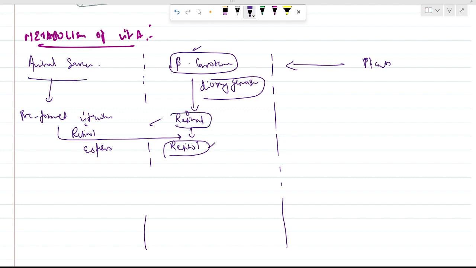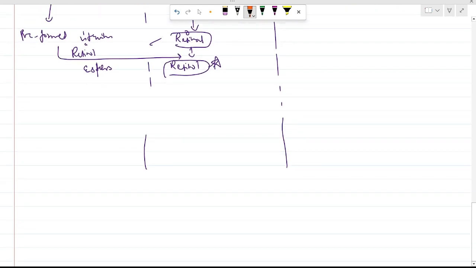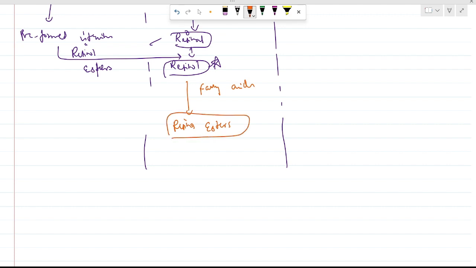Both from animal sources and plant sources, this common thing, retinol, is formed. After this, retinol combines with, remember, fatty acids to form, remember, retinol esters. Retinol esters are formed when retinol combines with fatty acid.